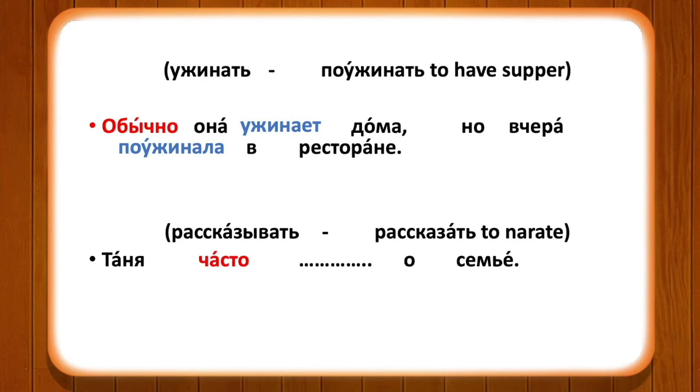So Таня часто, when you are using the adverb часто, it indicates again an action which takes place more than once. So to denote such actions, we use imperfective aspect. The verb that we will be using here will be рассказывать, and you will be conjugating this verb according to the subject Таня, она.